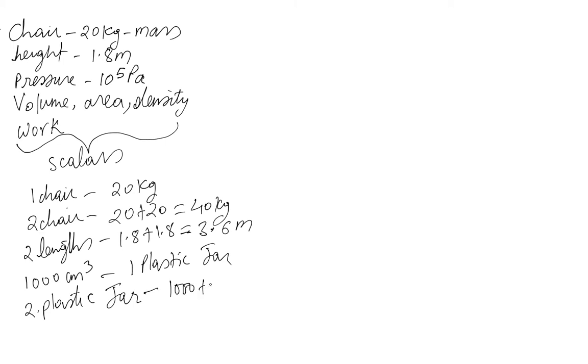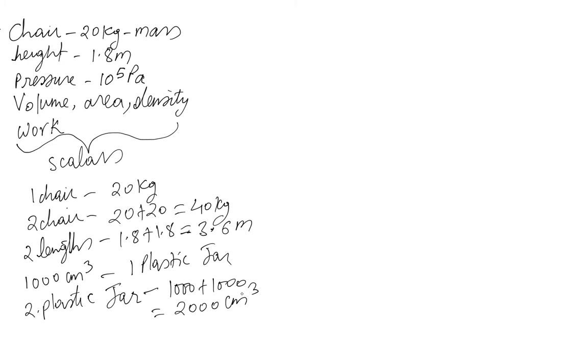Well, 1000 plus 1000, which is 2000 centimeter cubed. So what did we observe? We see that scalars are numbers, and when we want to add scalars, we just add them like numbers.